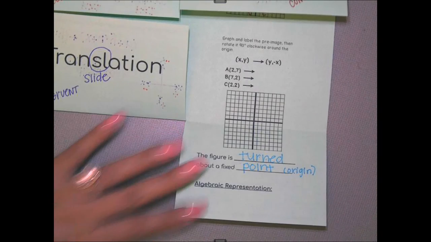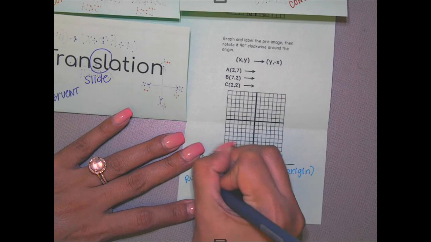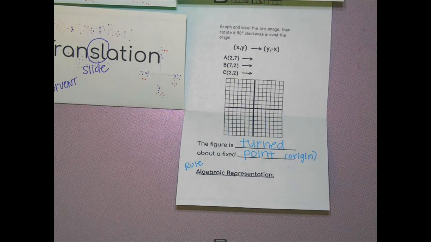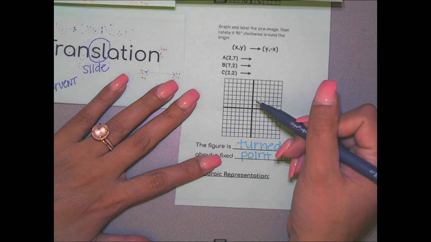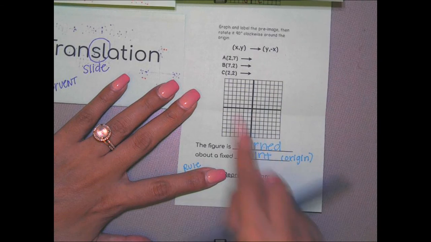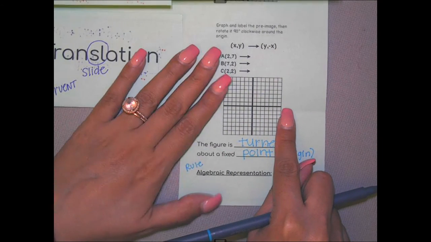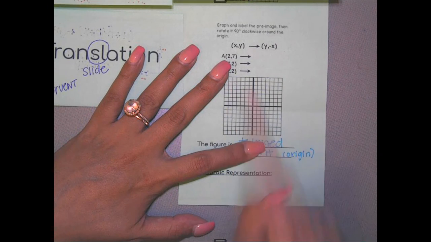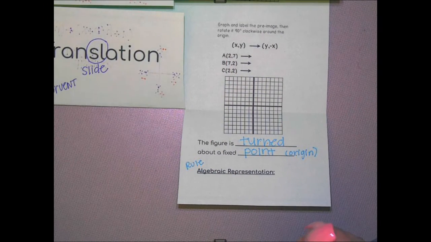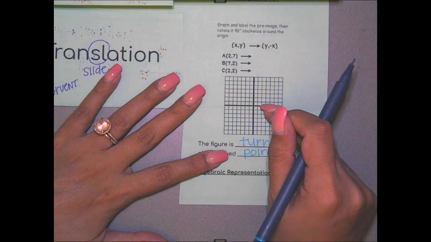Now for our rule, or our algebraic representation, we actually have 3 rules for a rotation. Because if we have a coordinate plane, we can see that the bolded black lines, or the x and y axis, make 4 90-degree angles. So we can rotate our figure 90 degrees, that would be 1 turn.